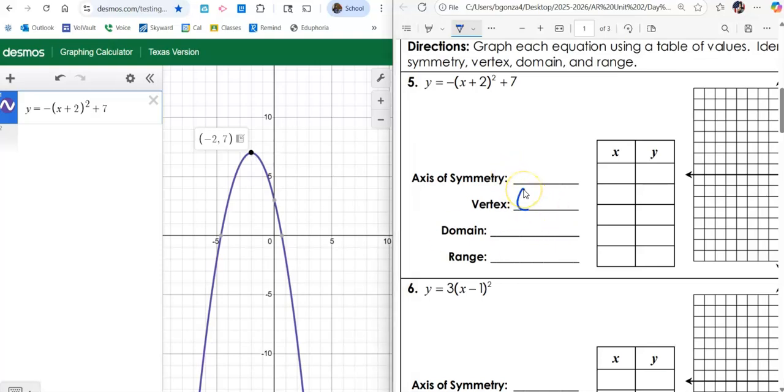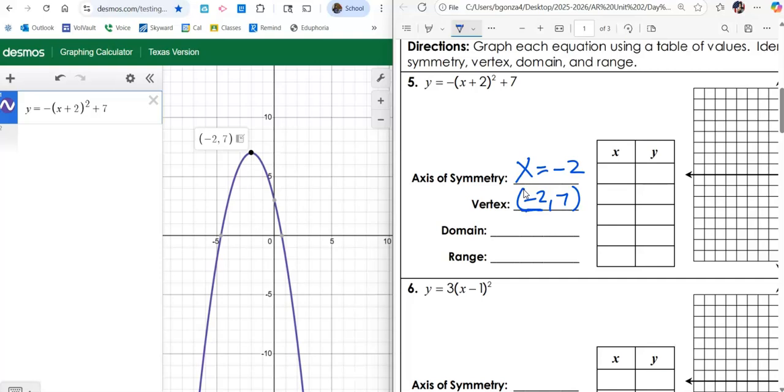So my vertex is negative 2 comma 7. What do I put for axis of symmetry? It always starts with x equals, and what's the x value of the vertex?